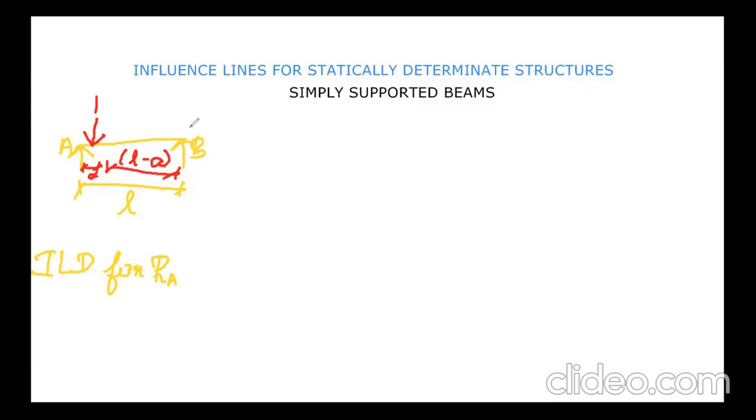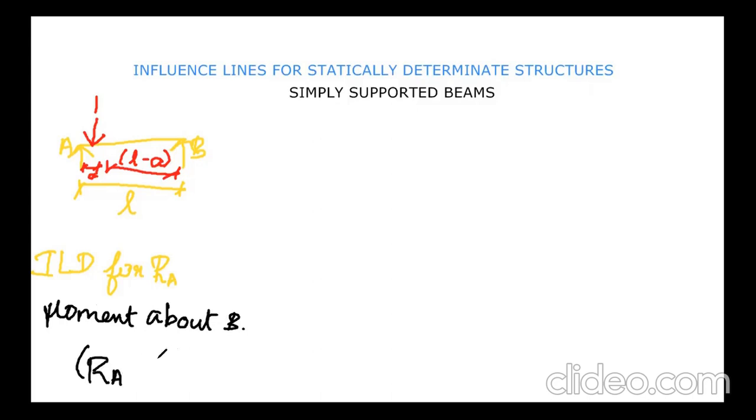Before finding the influence line value for the reaction at A, we have to find the reaction at A for this load. To determine the reaction at A, we will be taking moment about B, so we can obtain the value of the reaction at A, that is RA.